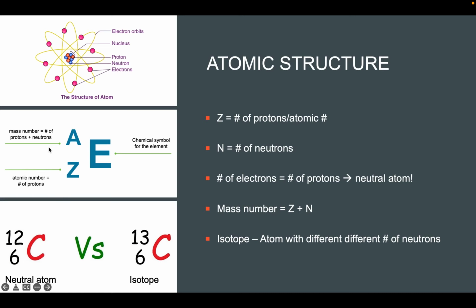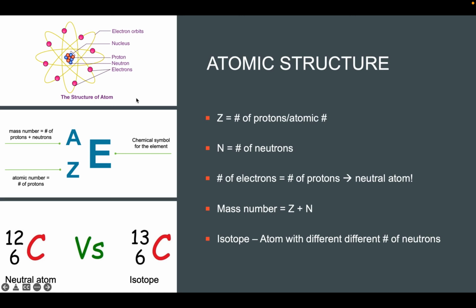Your mass number can either be on the top or bottom. You'll be able to tell as well in the periodic table: it is the number of protons, remember, in the middle, plus the number of neutrons. Here we have a neutral atom, so the number of protons, or my atomic number, is always equal to the number of electrons.